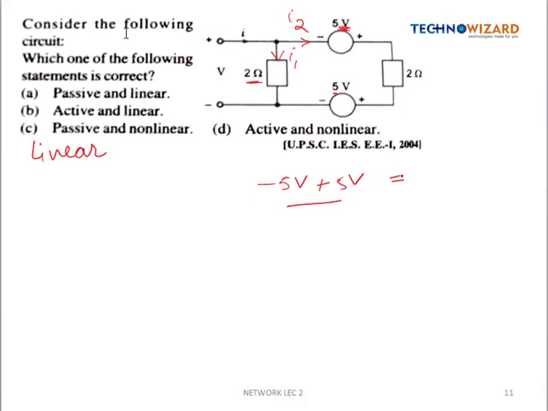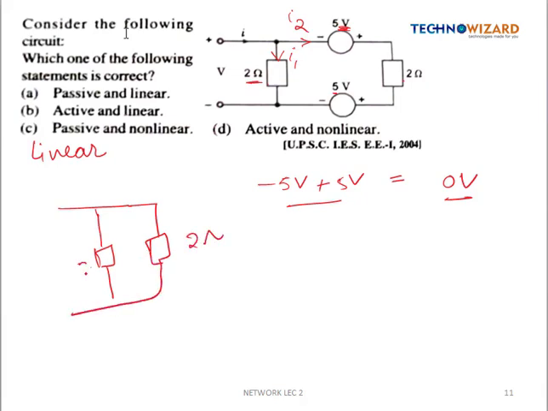So overall it will be 0 volt. So now this 2 ohm and this 2 ohm only circuit will be like, this is 2 ohm and this is also 2 ohm, and here a voltage is connected and I current is flowing, because they both will cancel each other's effect.